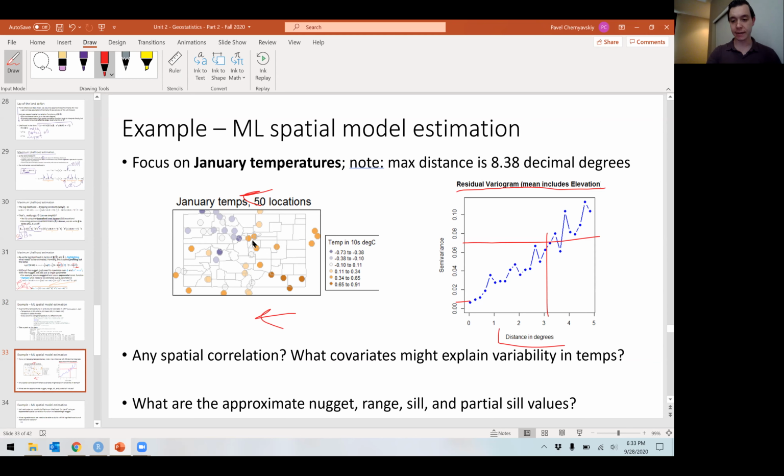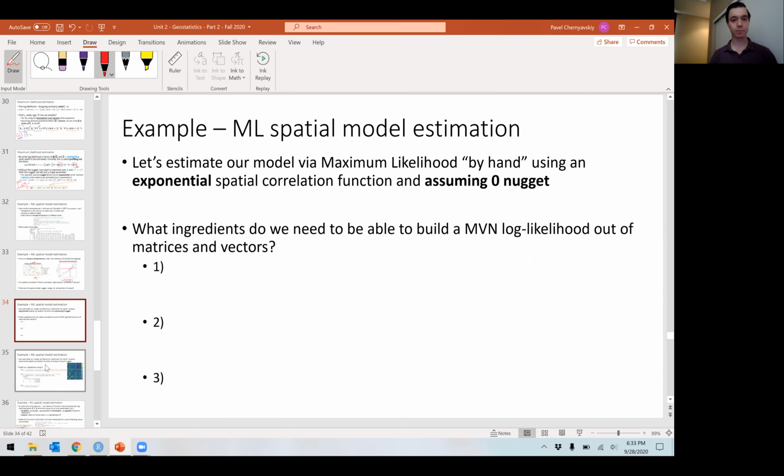As a reminder, I'm keeping the distance in decimal degrees, just to show you guys something different. So I did not reproject from latitude and longitude to UTM meters for this exercise. Remember that what my MLE by hand requires: I need the distance matrix that will give me interpoint distances to put into my correlation function.